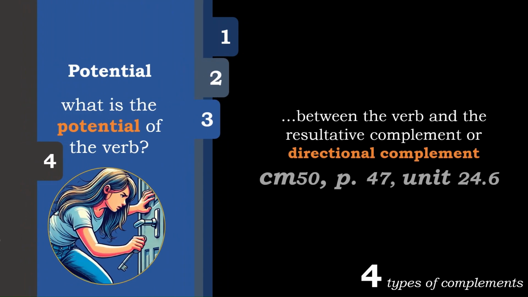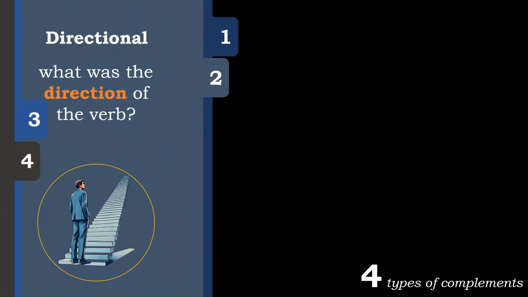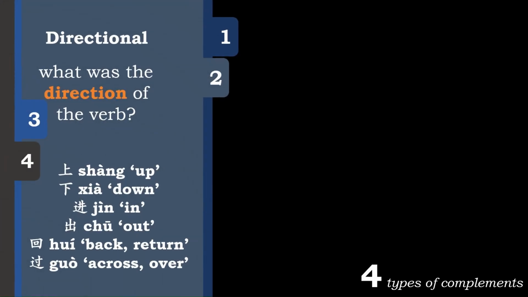And it's a similar method with directional complements. Let's take a look. We'll bring back that list of directional complements. 上 up, 下 down, 进 in, 出 out, 回 back or return, 过 across, over.